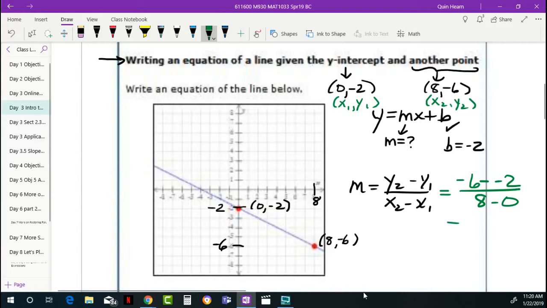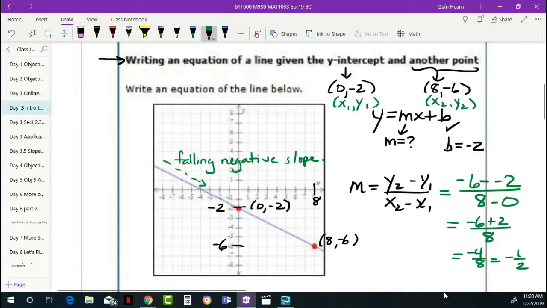Okay, and then that is going to be -6 plus 2 divided by 8. And that is going to be -4/8, which is -1/2. Okay, negative looks right to me because notice that this line is falling from left to right, so it should have a negative slope.